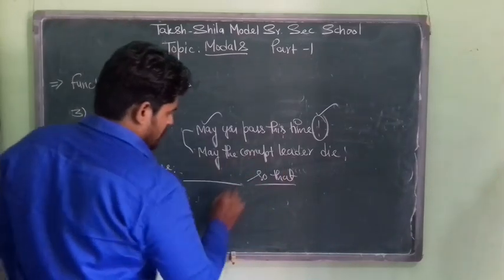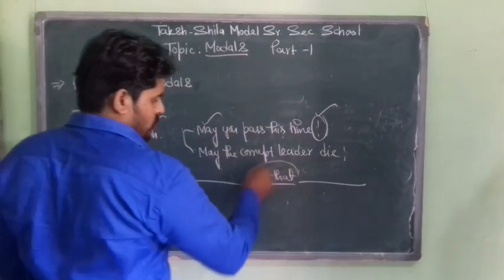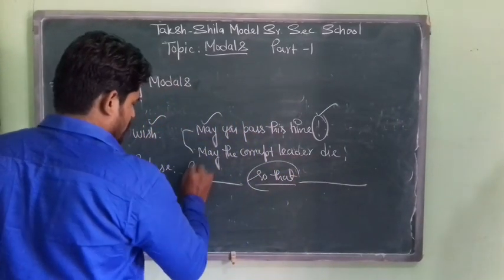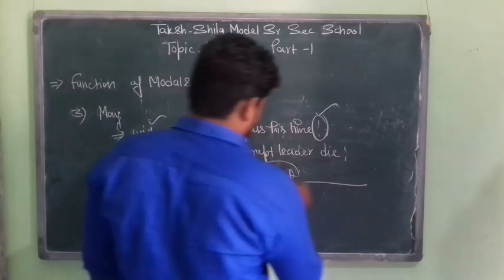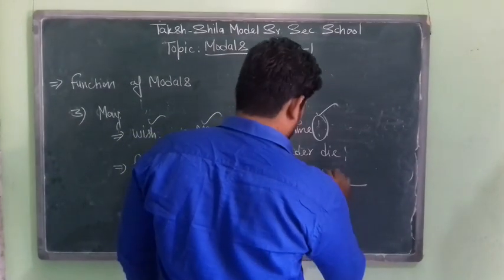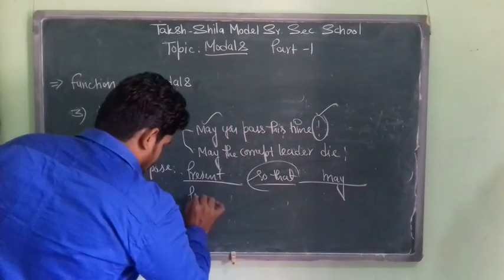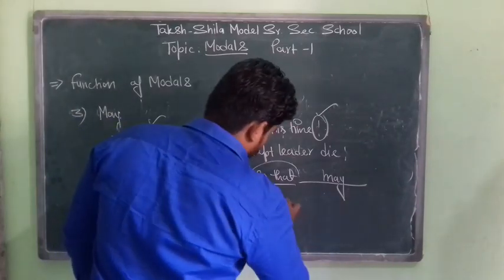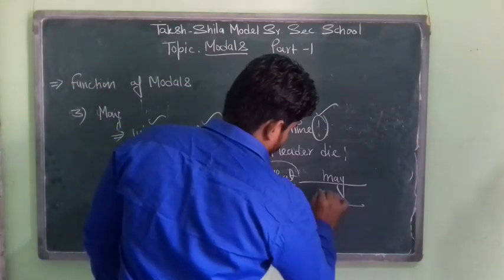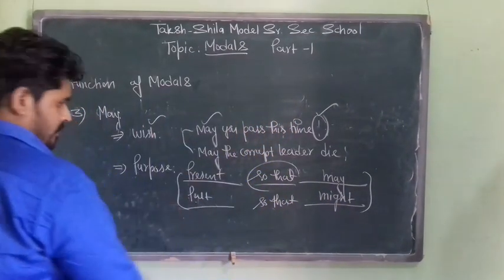The trick says if before so that there is the main verb in present tense, after so that we always use what? May. If there is the main verb in past tense, after so that we use might. This is a general rule.